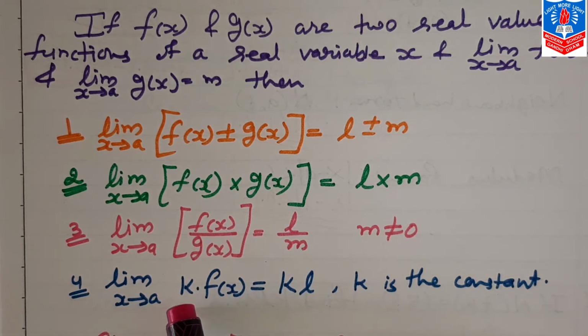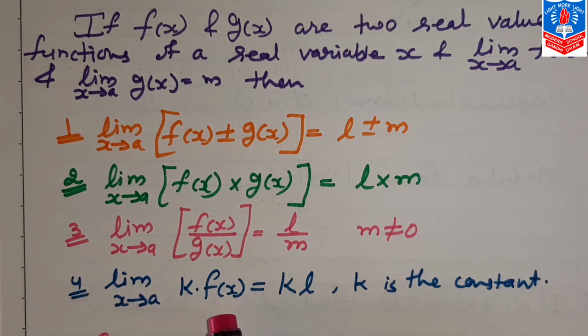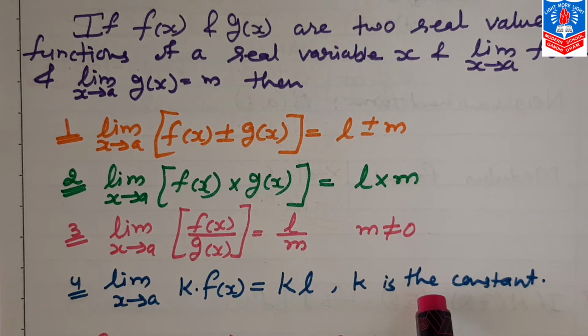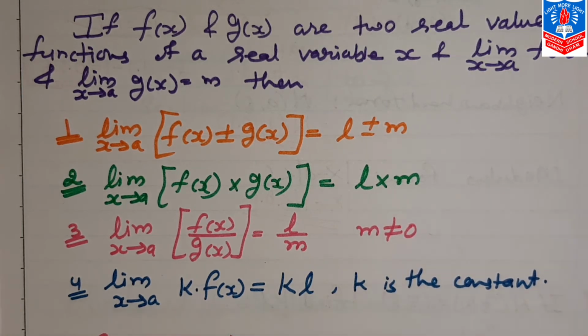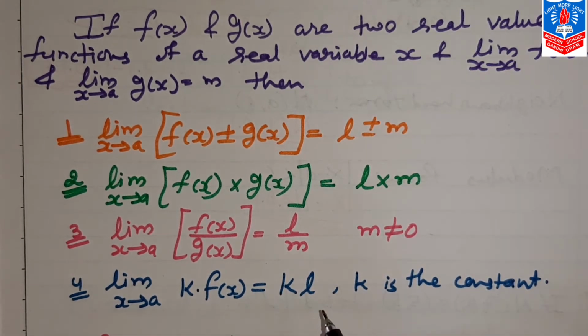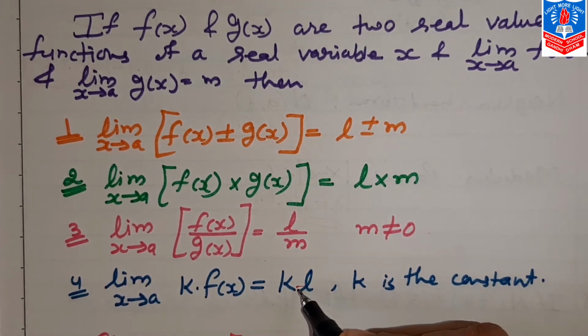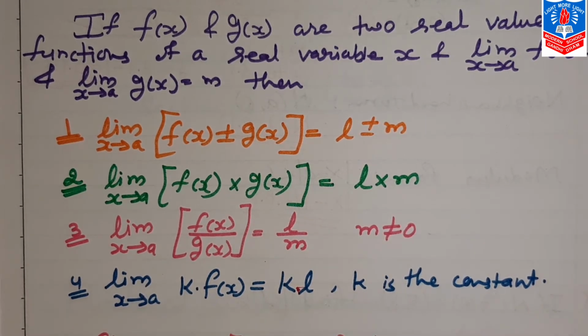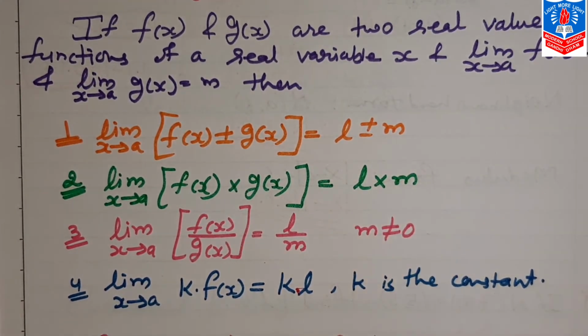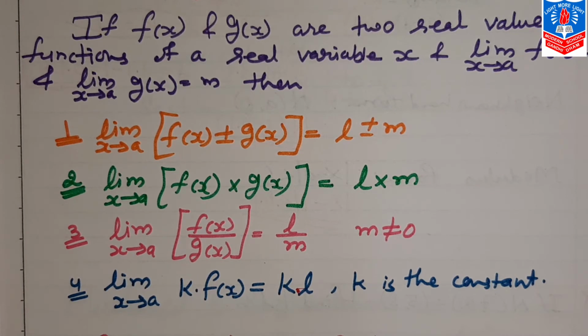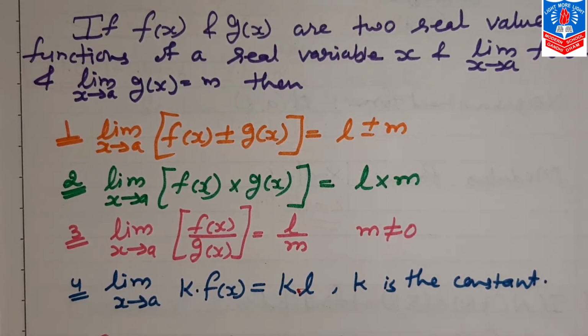And the last, 4th rule: limit x tends to a of k multiplied with f(x), where k is any constant number. In that case, k multiplied with f(x) will be equal to k into L. So these are the 4 working rules of limit.